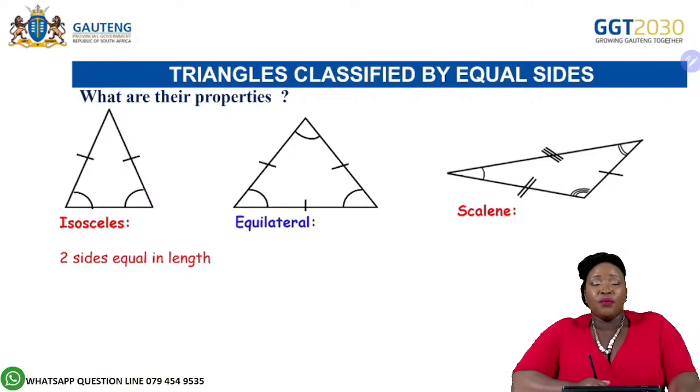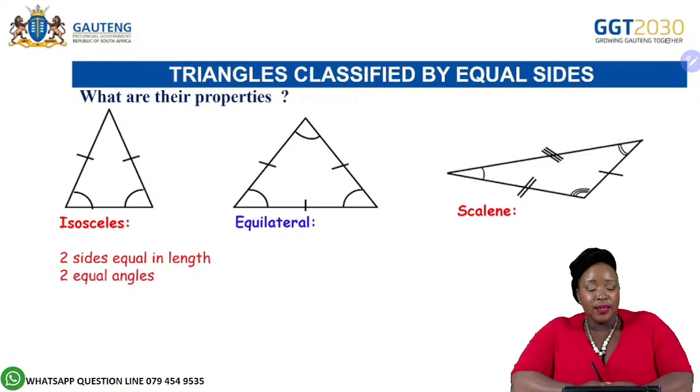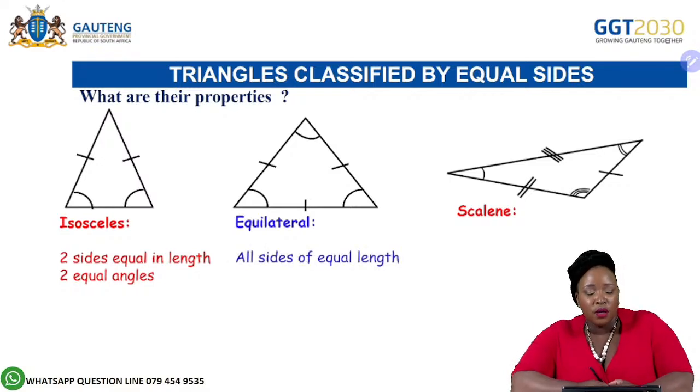Okay. So now we discuss their properties one more time. Here, an isosceles triangle will have two equal sides in length. And then it will also have two equal angles, and these two equal angles will be opposite their equal sides. And with an equilateral triangle, you are going to have a triangle that has three equal sides, or all the same length, right?